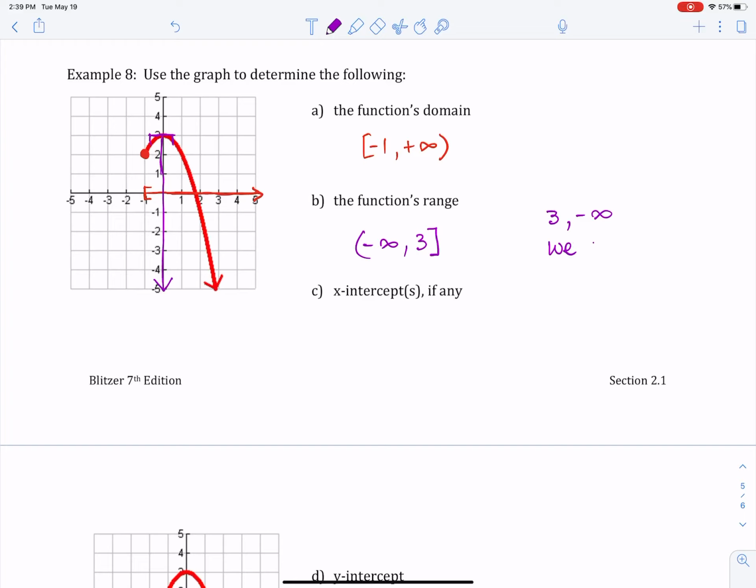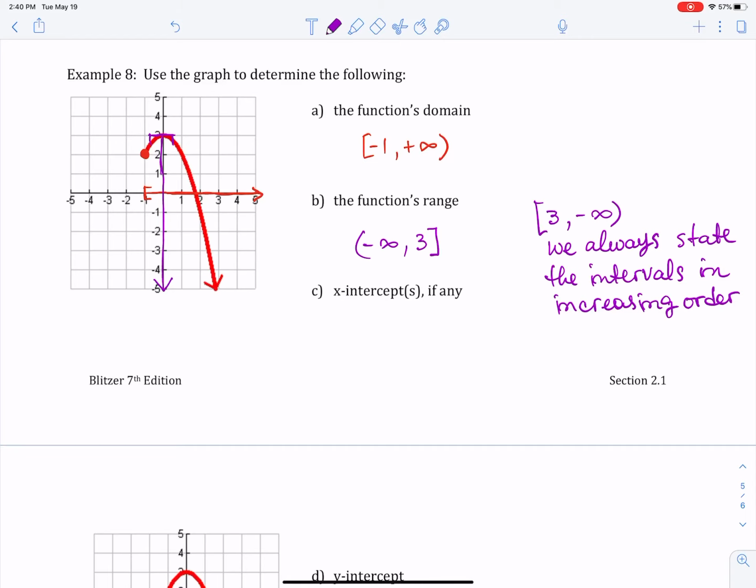We always state the intervals in increasing order. So such notation is going to be wrong.